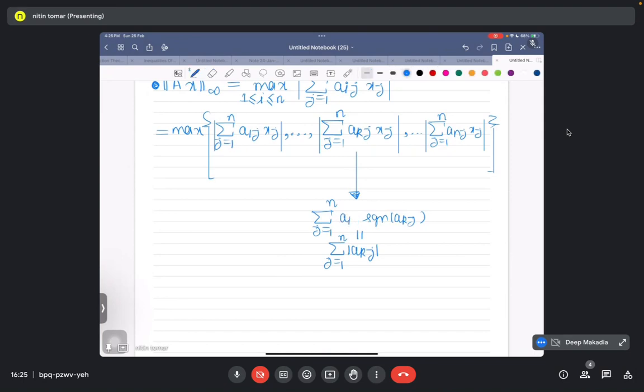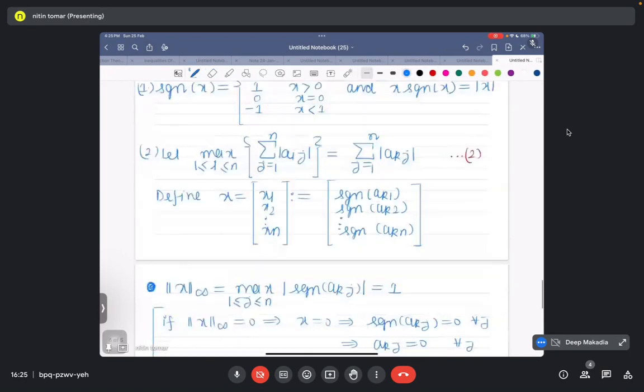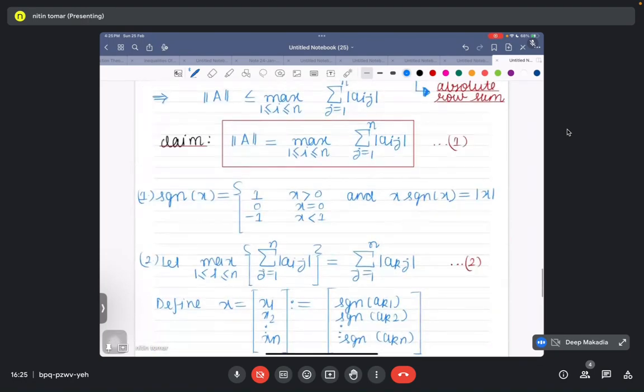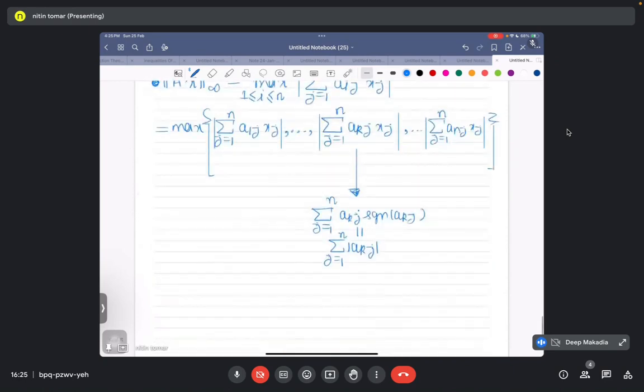Is it clear? Yes, and we proved this, right? We saw this: x sine x is mod x. So same here, akj, and you are multiplying with its sign, so it has to be modulus, right?